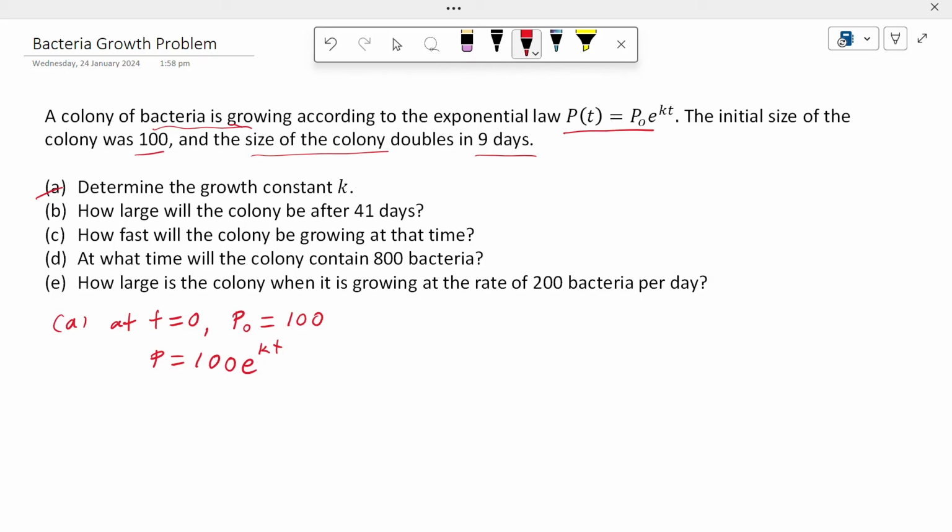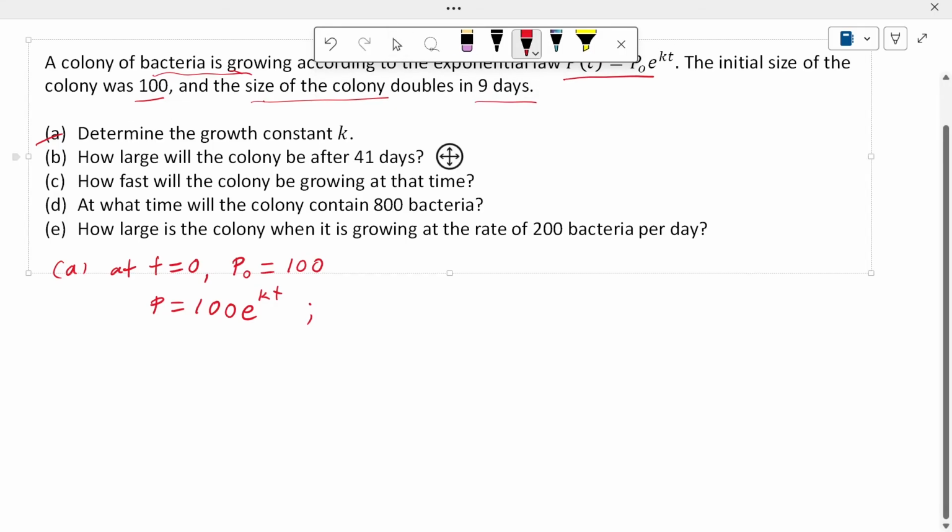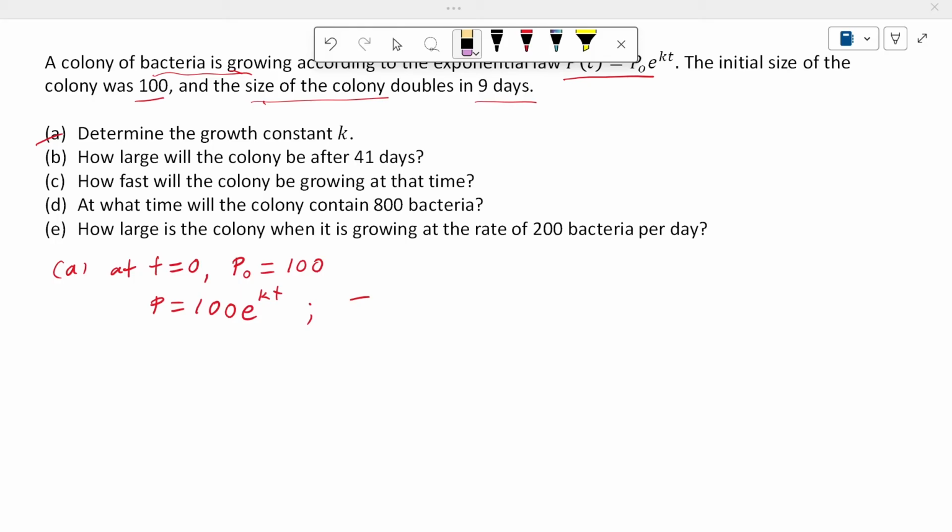So we need to find the growth constant k. We substitute the initial conditions into this equation, with the extra information given that the size of the colony doubles in 9 days. So the size of the colony P when the time is equal to 9 days is double, that means 2 times the initial condition P naught, right?